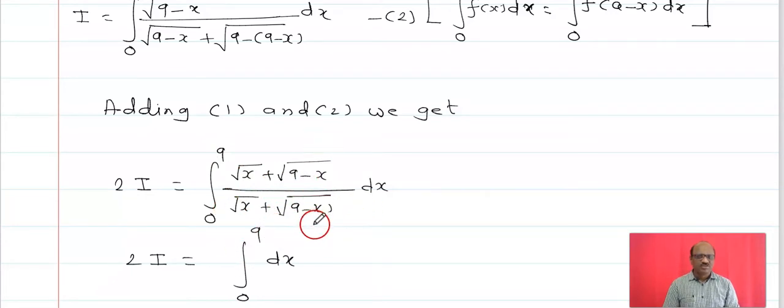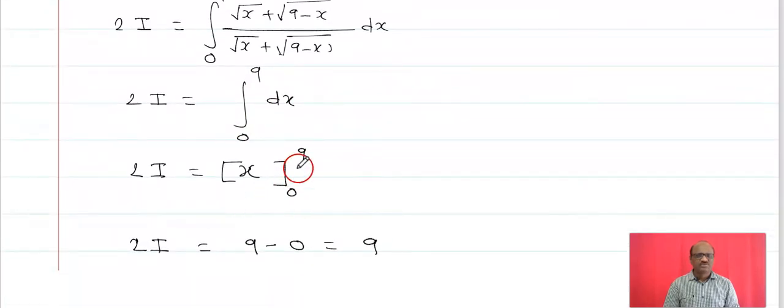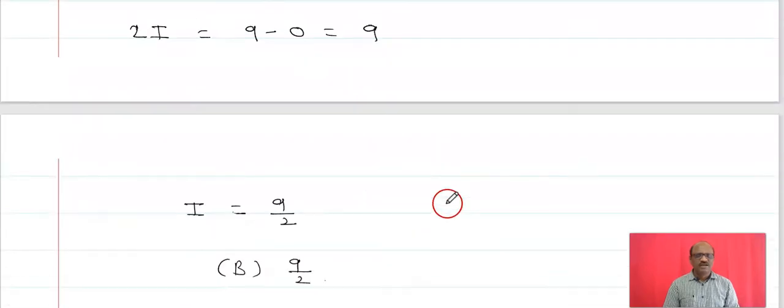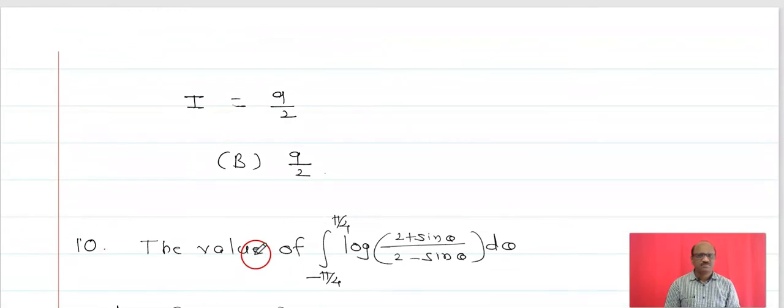Now numerator and denominator get cancelled, then 2I is equal to integral 0 to 9 dx, and the integral of dx is x, 0 to 9, substitute upper limit minus lower limit, that is 2I is equal to 9, and therefore I is equal to 9 by 2, and hence option B is the correct one.